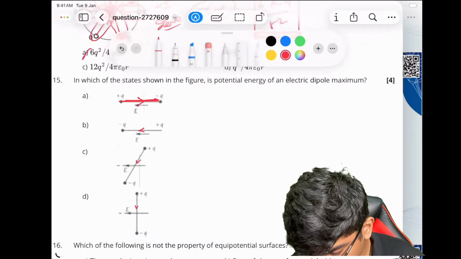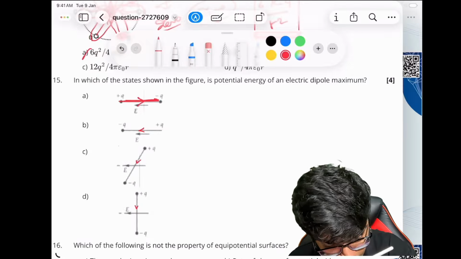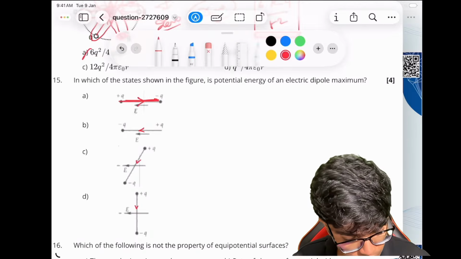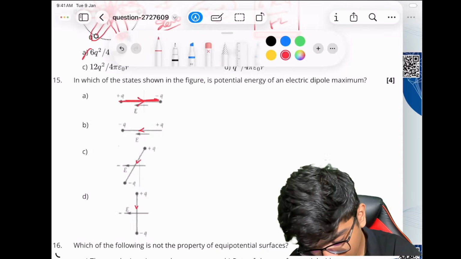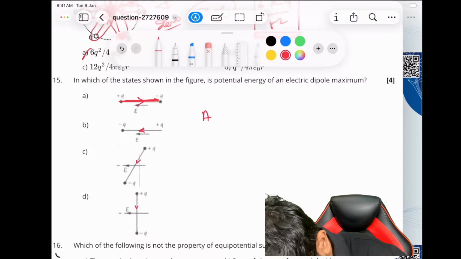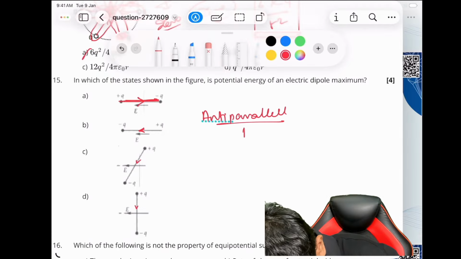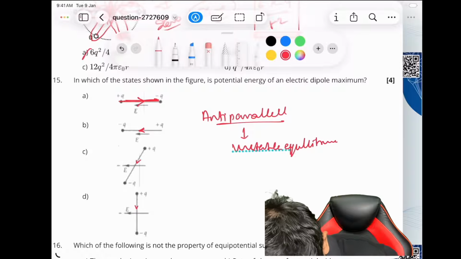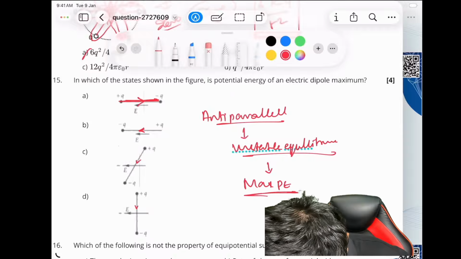Dipole anti-parallel, unstable equilibrium, max potential energy. கரெக்டா?